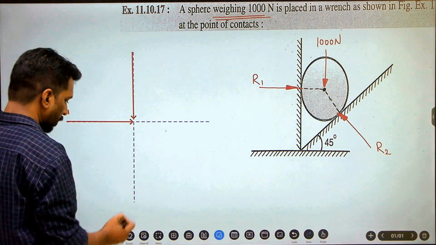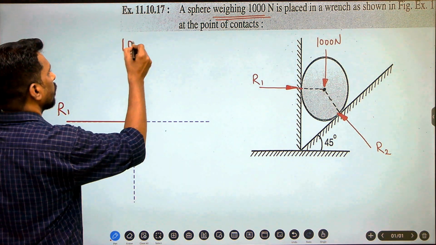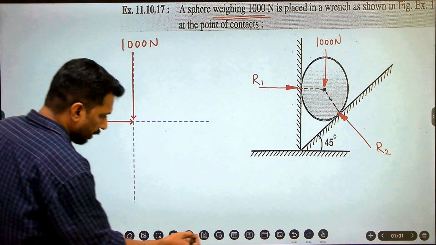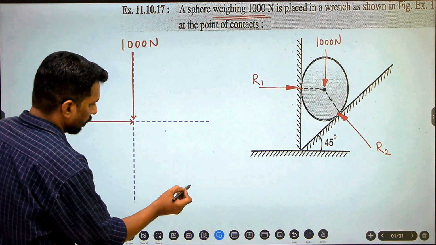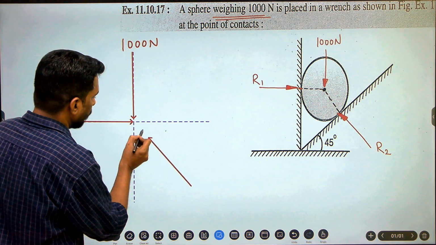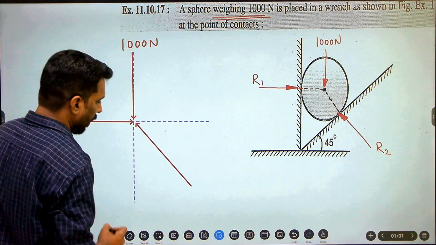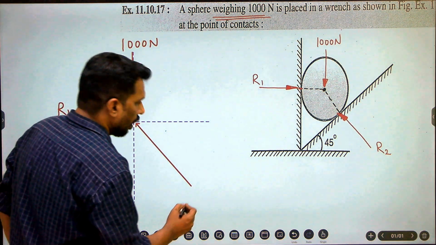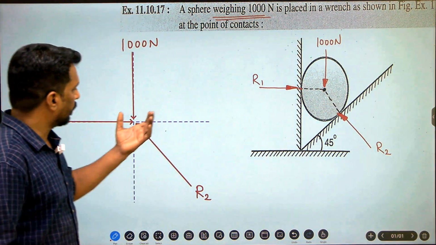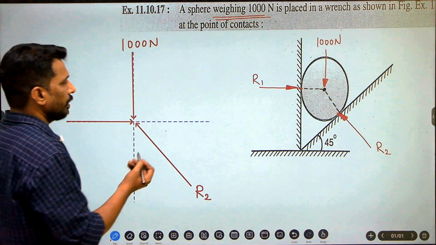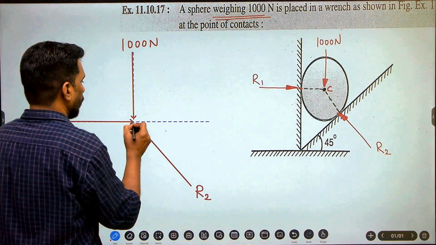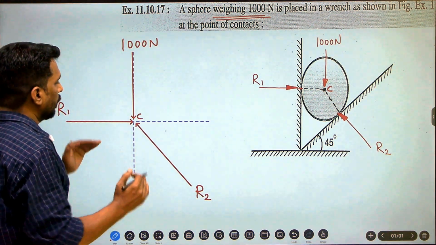So this is 1000 Newton. And finally R2. I'm taking it at a certain angle. I'll tell you how to calculate the angles. So this is R2. Now you can see here, I have taken all the forces and drawn the FBD at the center point, which is denoted C. So this is C, and at center C three forces are acting.